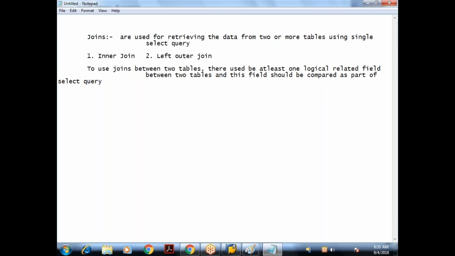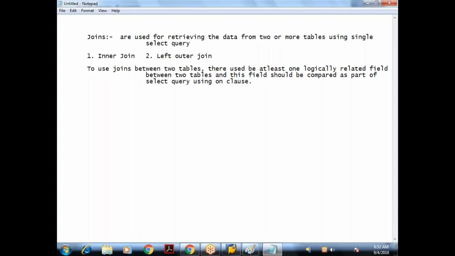So if you want to use joins between two tables, there should be at least one logically related field between two tables, and this field should be compared as part of the select query using the ON clause.